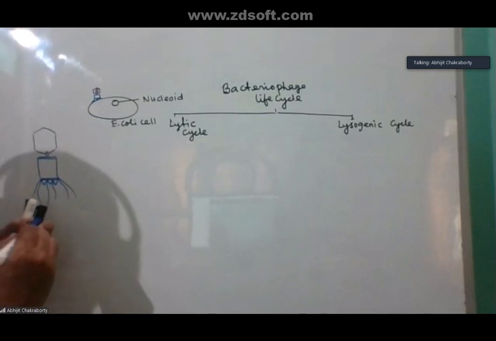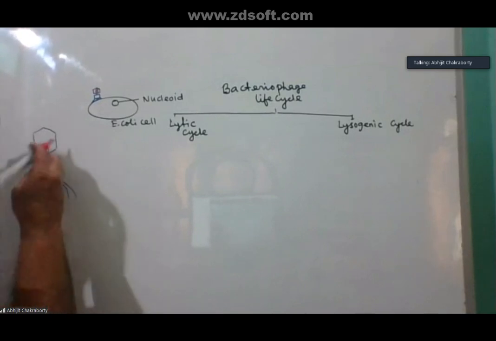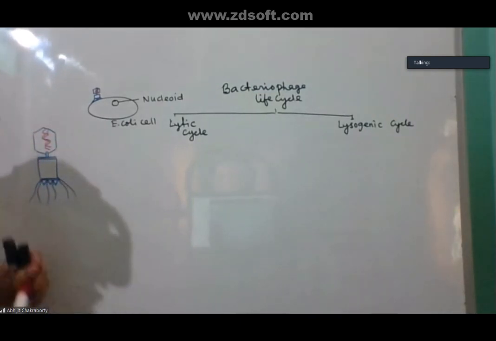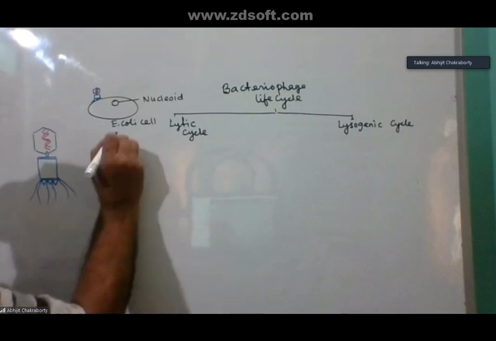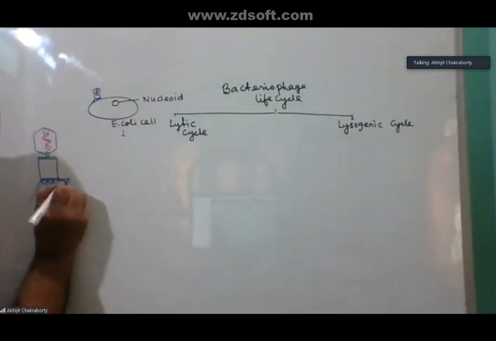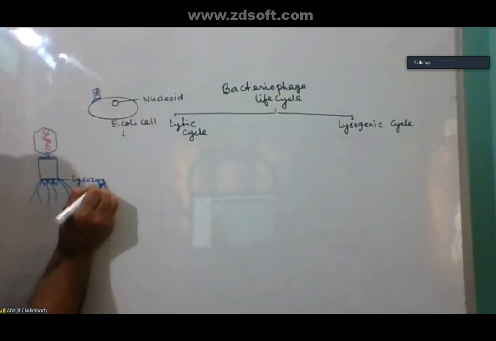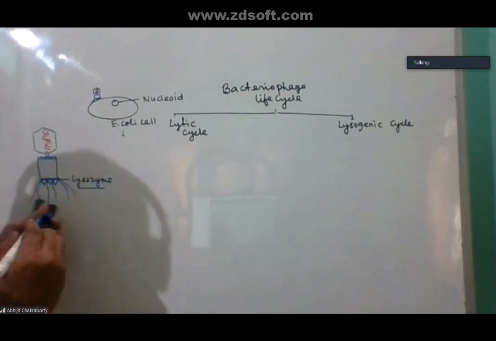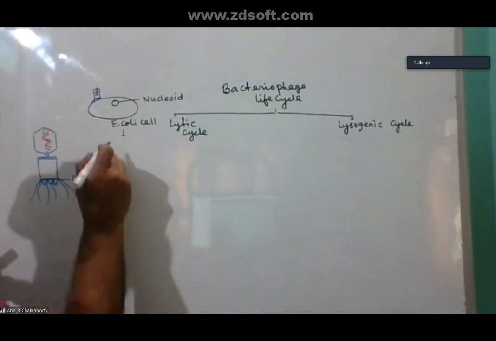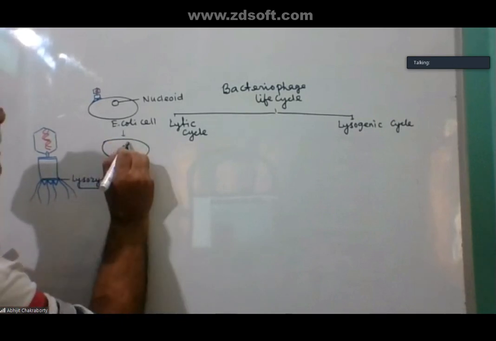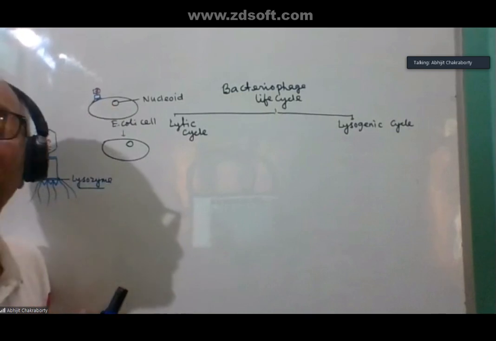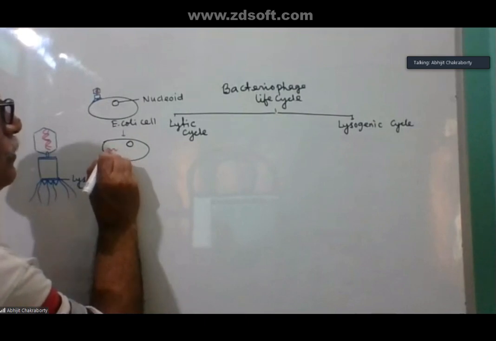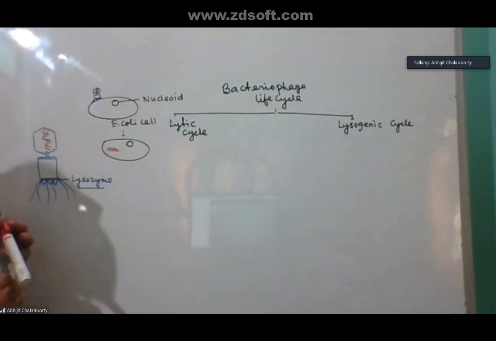Now what happens? So we will get the DNA here. Then what happens next? From these parts, lysozyme is secreted, and so a hole is created by the activity of lysozyme and the phage genome enters the bacterial cell.